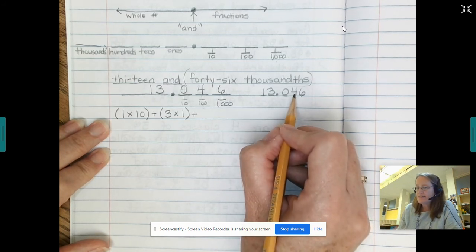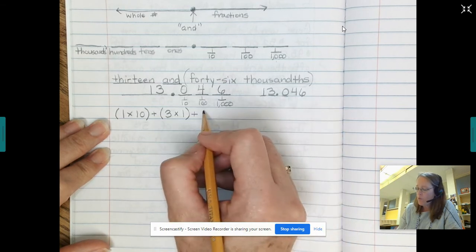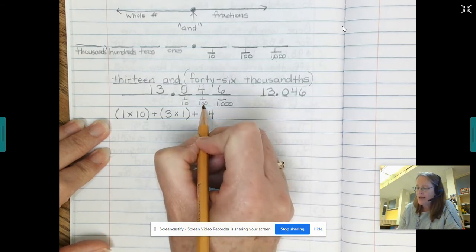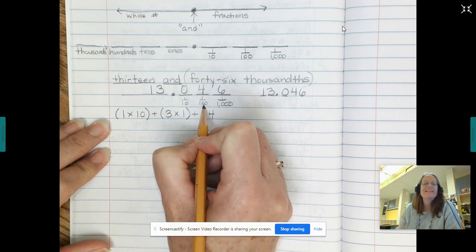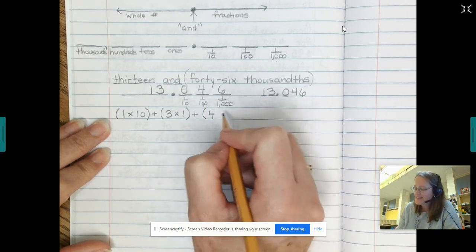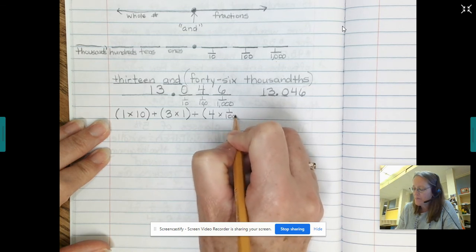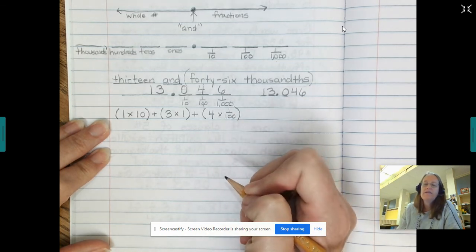Move on to the next digit. I have a 4 in what place? It's in the hundredths place. 4 times 1/100th.